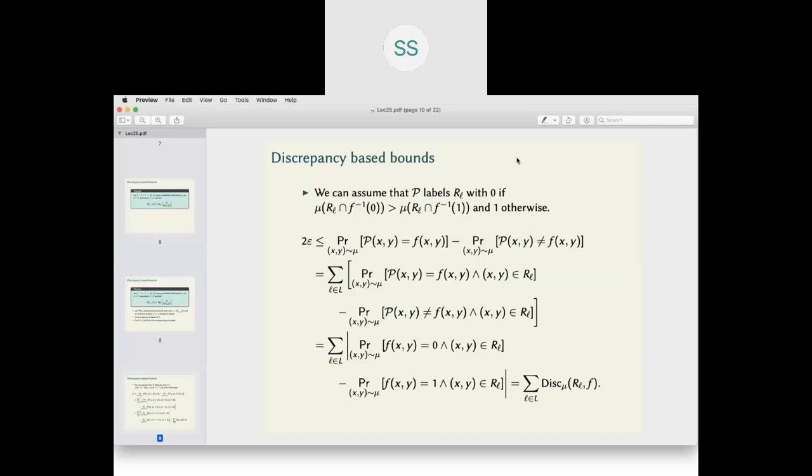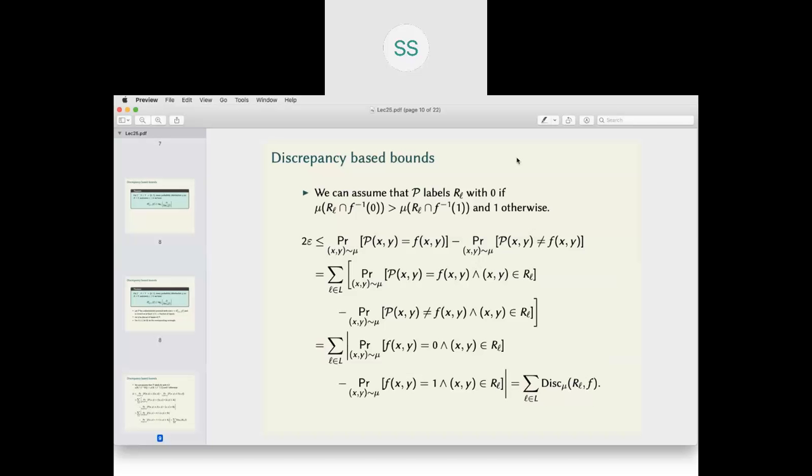That is the first line here. The fraction in which the protocol is right minus the fraction in which the protocol is wrong is at least 2 epsilon. Now let us take the right hand side and simplify and break it down further.